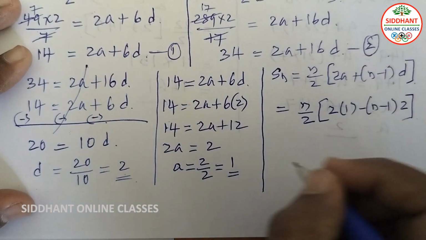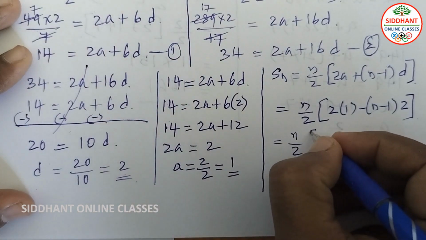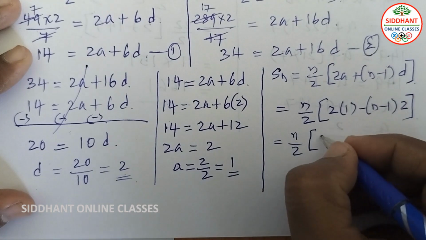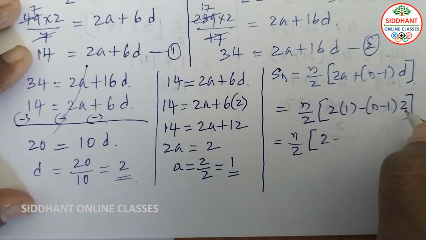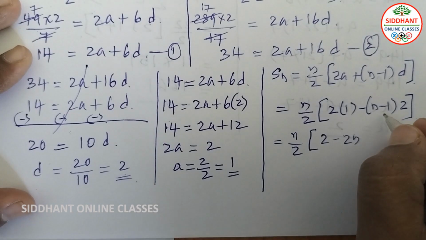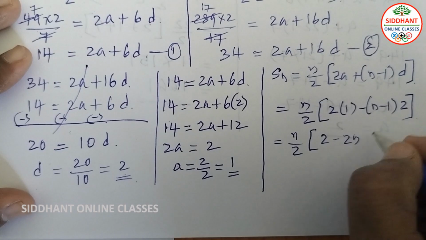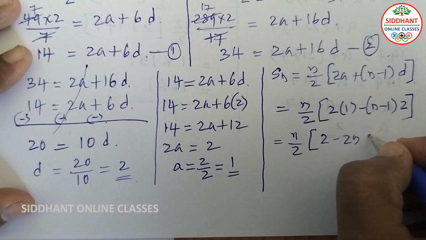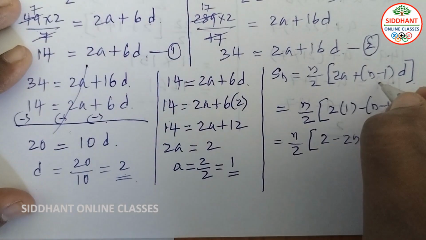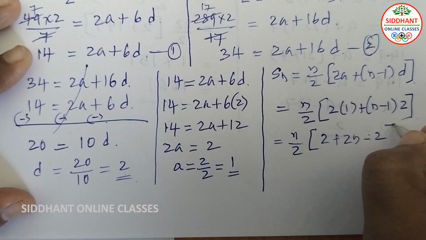So that equals n by 2 into (2 plus 2n minus 2).